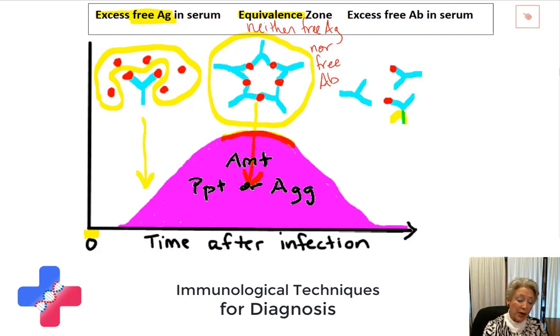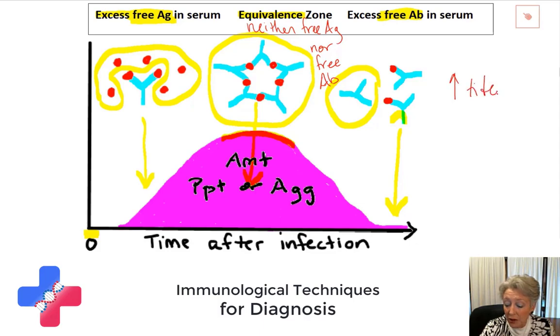As time goes on, my patient would enter a convalescent period where their continued production of antibody and hopefully their diminishment of the antigen's life cycle is going to cause the fact that if I look for free molecules that haven't been cleared out by precipitation and agglutination in the spleen, what's left behind is free molecules of antibody. And so I would say that during this period of time, I would be able to measure a rising titer of antibody in my patient's convalescent serum.